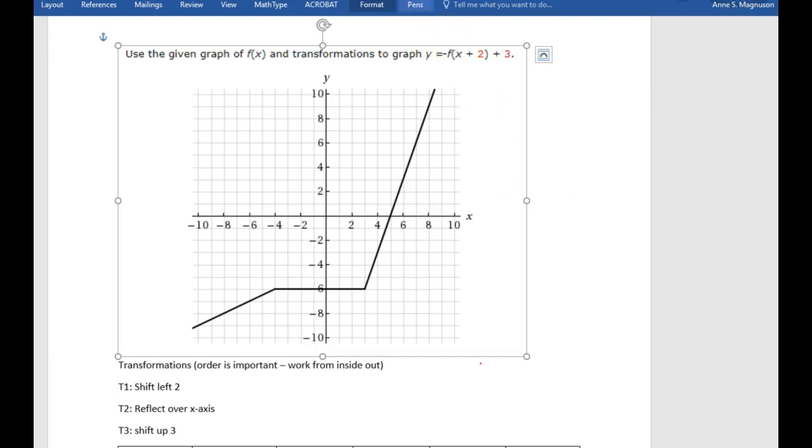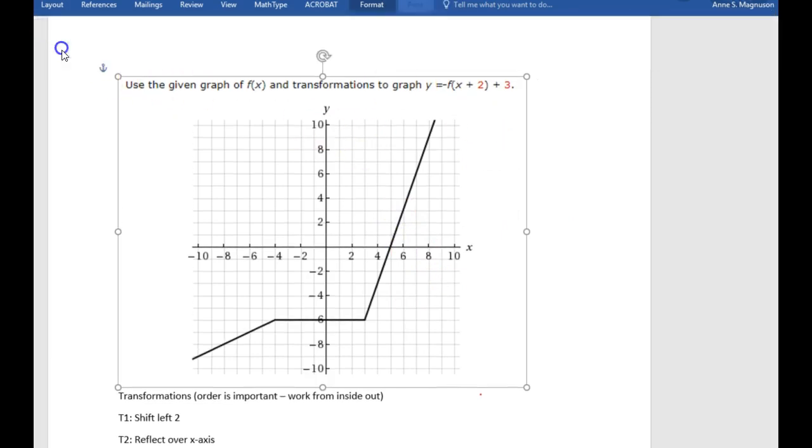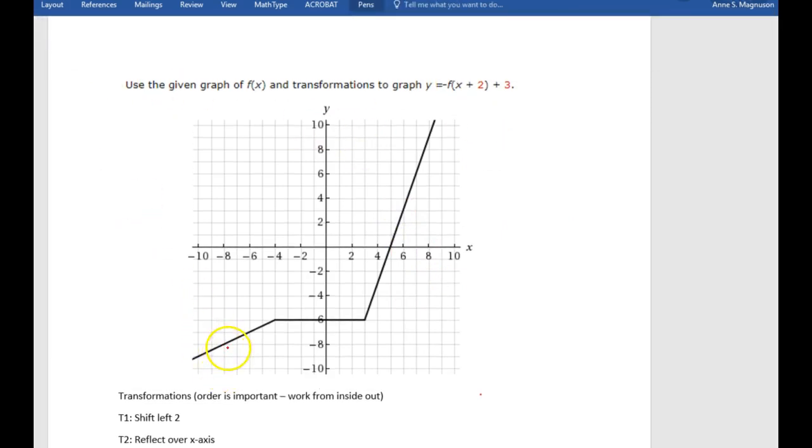So I am going to mark those as reference points. So here's minus 8, 8. I'm going to call that A. Here is minus 4, minus 6. I'm going to call that B. Here is reference point 3, minus 6, and I'll call that C.